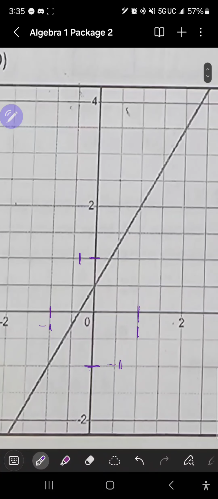But what I would do is just consider each square as 0.5.